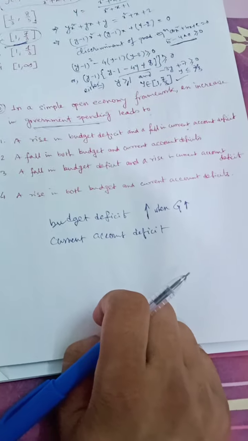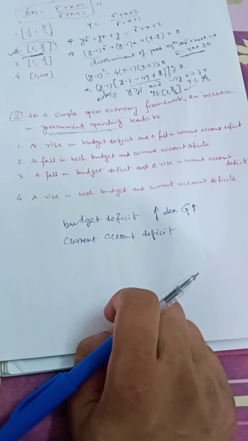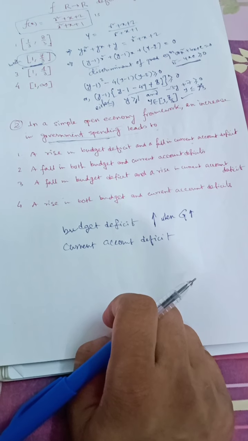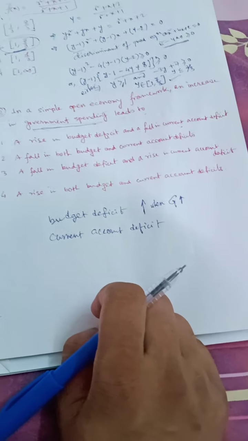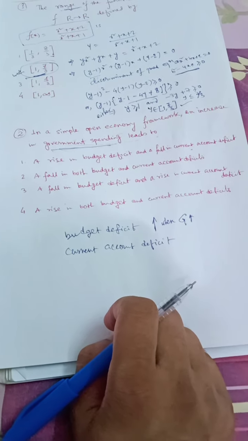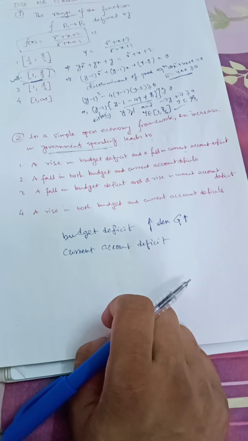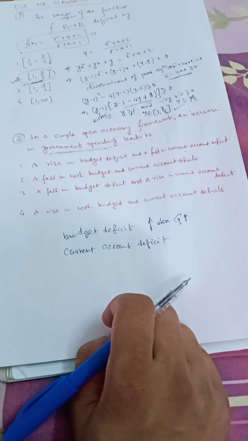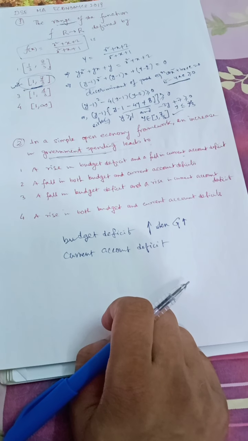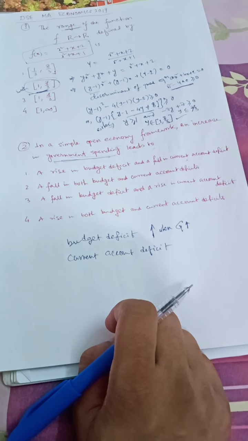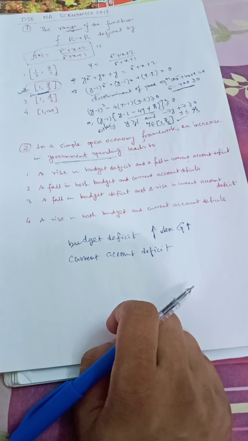Now what happens to the current account deficit? Current account deficit is a concept in the balance of payments. When a country imports more than it exports, the result is a current account deficit.